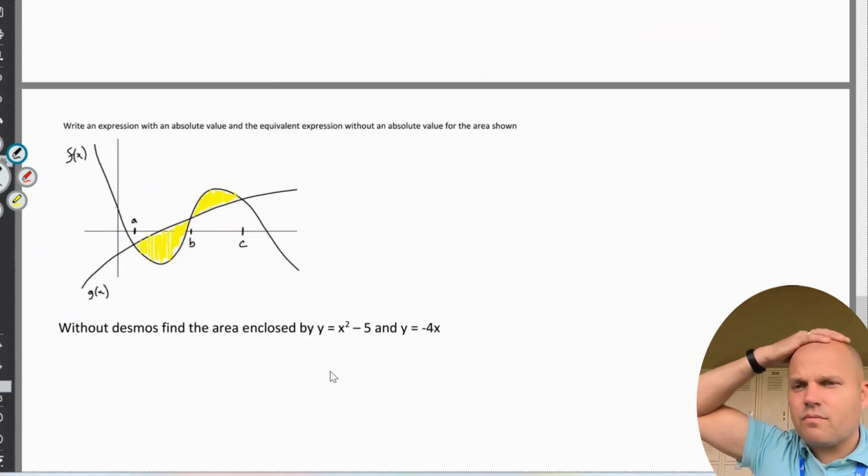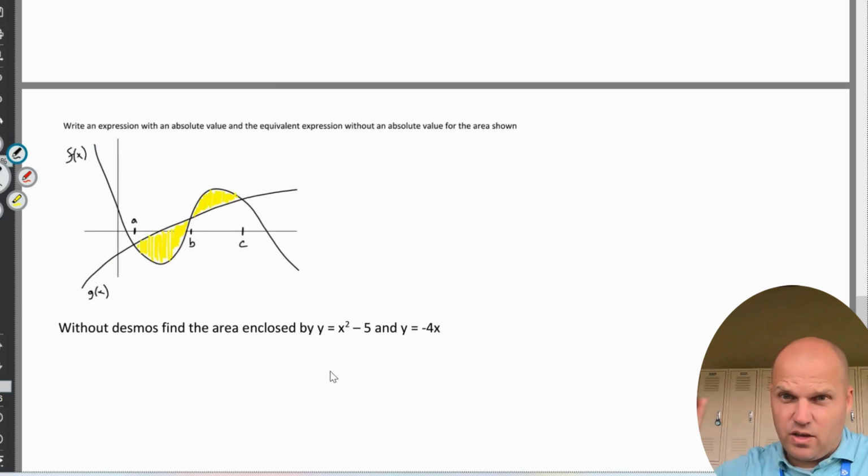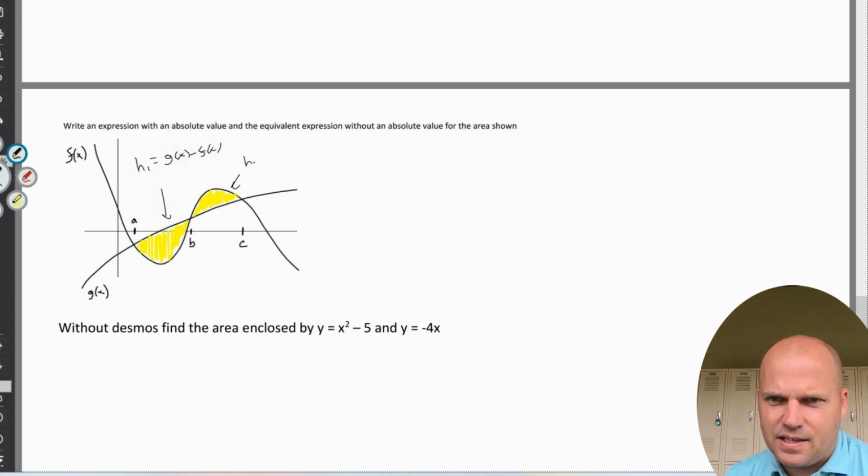Okay. An expression with an absolute value and the equivalent expression without an absolute value for the area shown. So you can say you got two heights. This height is going to be g of x minus f of x. And then this height is f of x minus g of x.